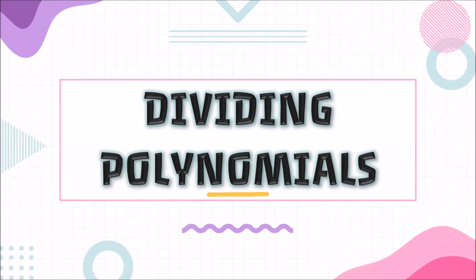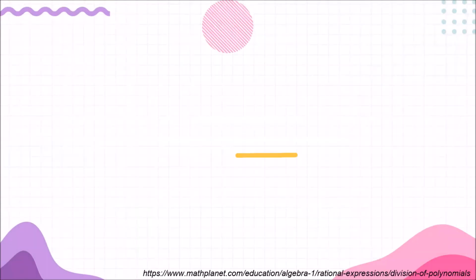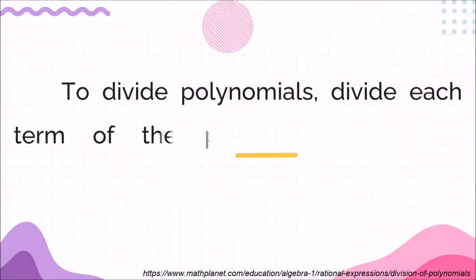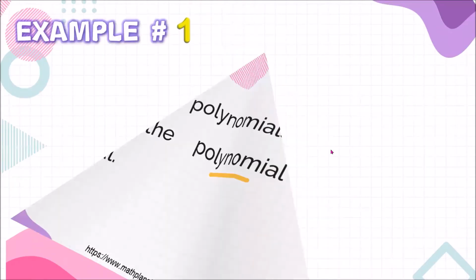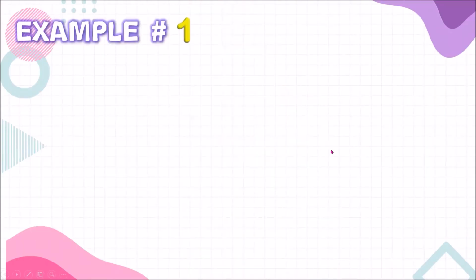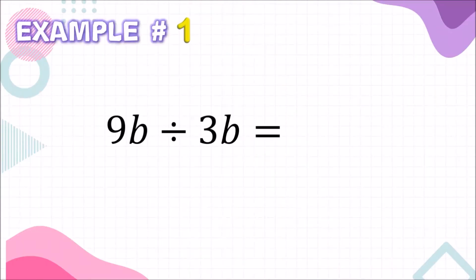Dividing polynomials. To divide polynomials, divide each term of the polynomial by the given monomial. So let's have example number 1. 9b divided by 3b.